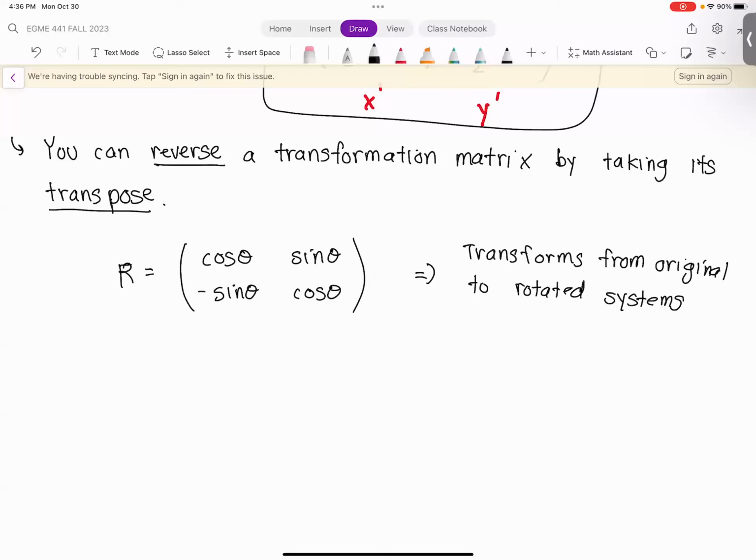If we were to transpose this, transposing basically means that you take the rows and write them into the columns. So we do R transpose, and we'd have cosine theta, minus sine theta, sine theta, cosine theta. All it really changes here is the position of the negative. Instead of the negative being in the bottom left, it's now in the top right.